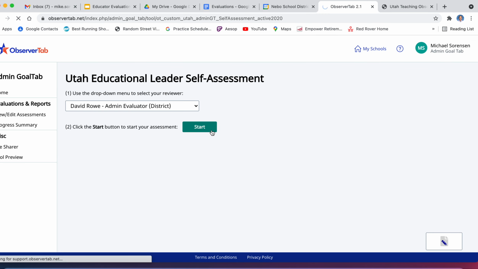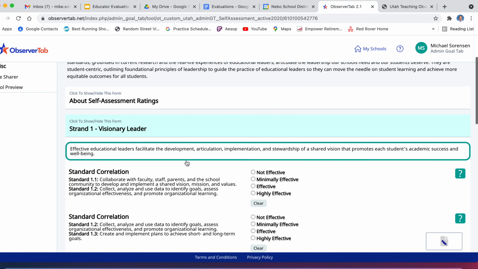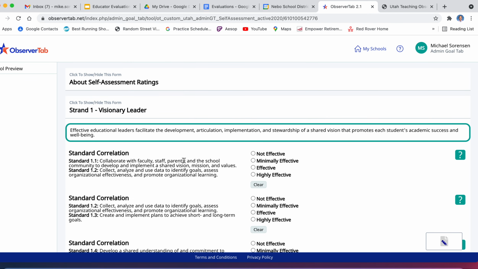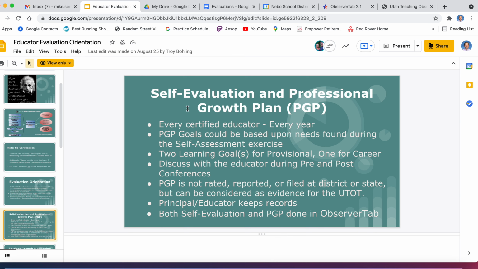Then I click Start, and I start that process. I go through here and I evaluate myself. Where am I on all of these standards? You will do the same thing, but you're going to be looking at the Utah Teaching Observation Tool. Okay, so you're going to self-evaluate yourself, and you're going to create a PGP. Set a goal for yourself this year.